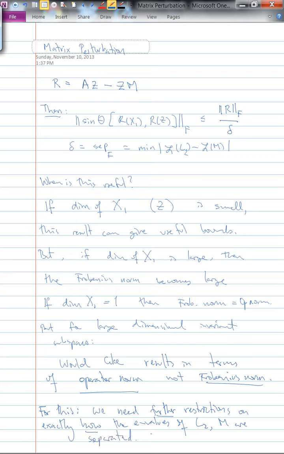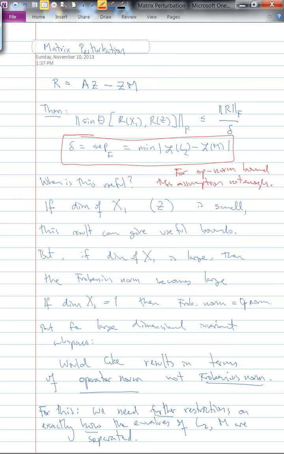So it's not enough to assume just that the separation is significant. So for an operator norm bound, this assumption is not enough. So let's turn to this now.